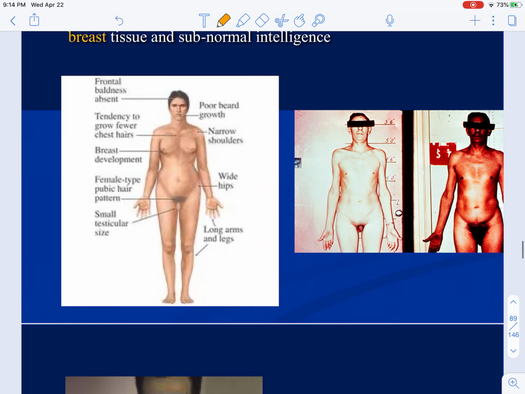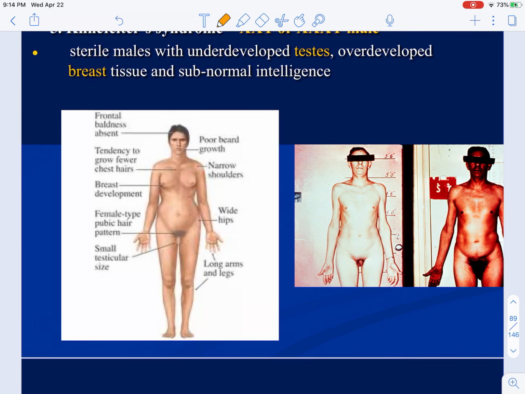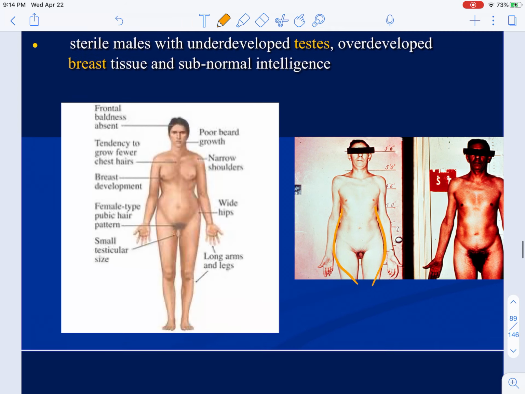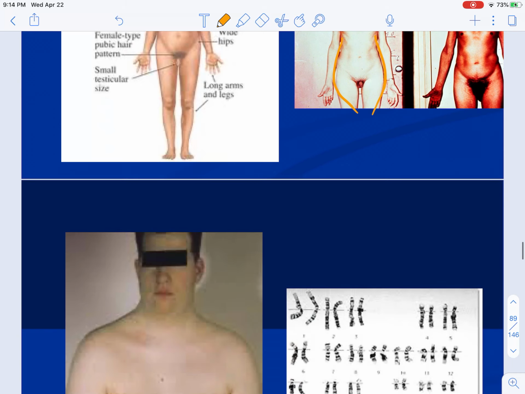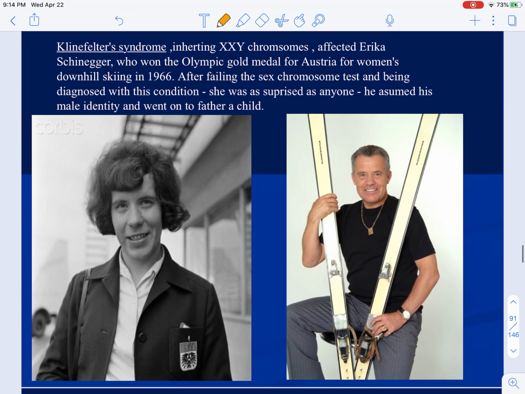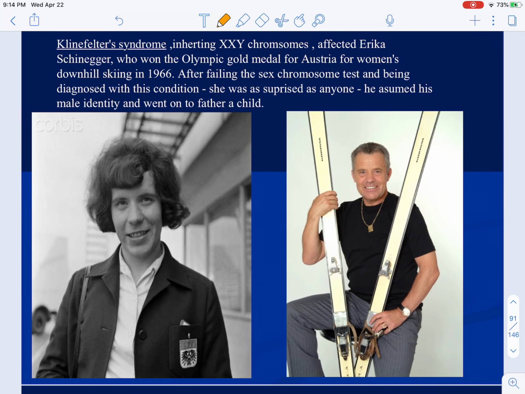When the egg was formed, the sperm carried the Y, and so it ended up being XXY, giving you male anatomy. However, the shape of a female and breast development, and so there's basically some characteristics of males and females.